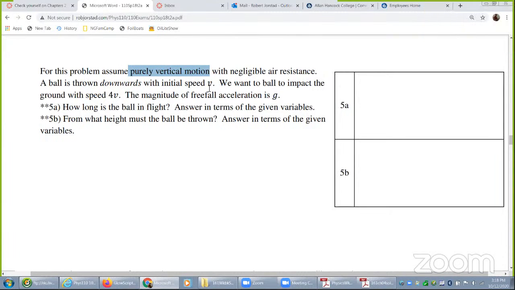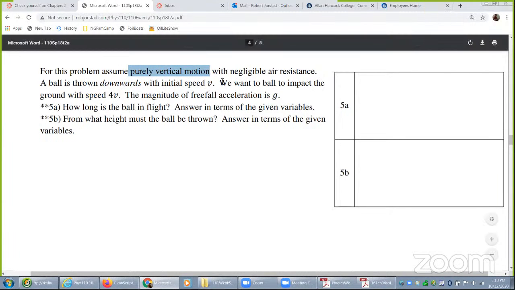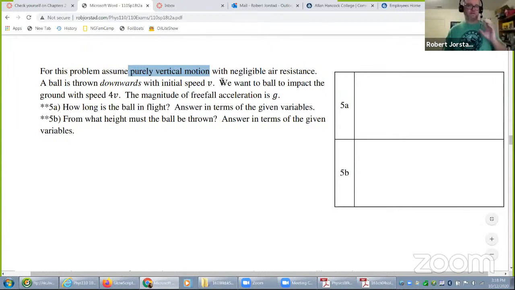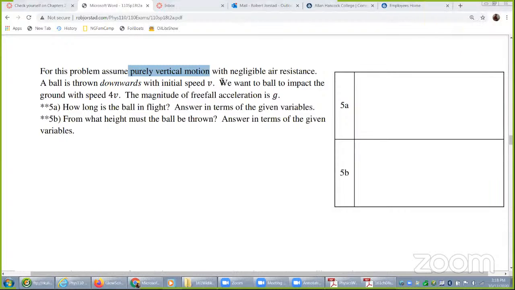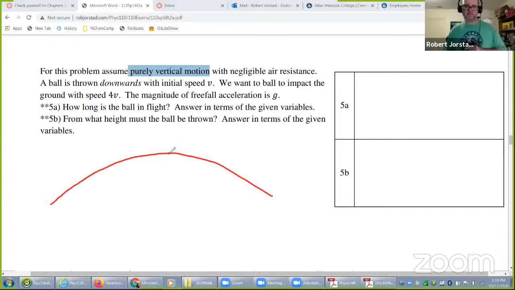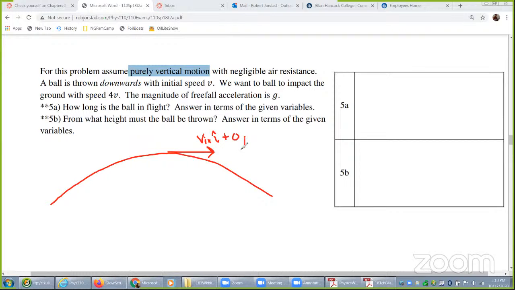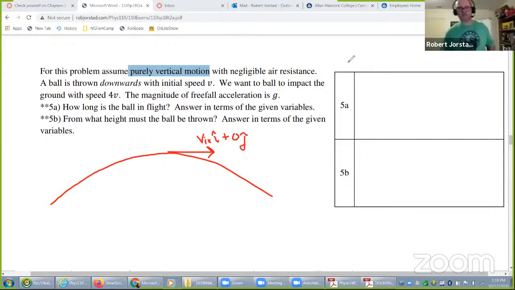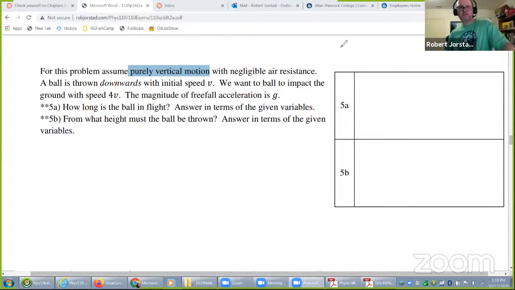Only if purely vertical. So maybe Esteban was saying for a purely vertical problem, it would always be 0 at max height. Is that what you meant, Esteban? Yeah. But if you throw it at an angle, the velocity at max height would be v initial x in the i hat direction, right? Okay, just making sure. Sorry, it's just Zoom. I'd rather be thorough.